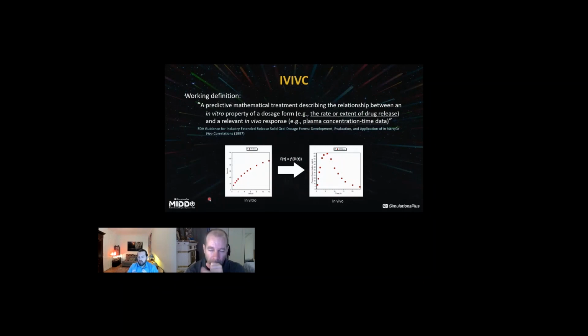Just before I jump into the results, a quick reminder of what an IVIVC is and its definition by the FDA. An IVIVC is a predictive mathematical treatment describing a relationship between an in vitro property of a dosage form and the relevant in vivo response.